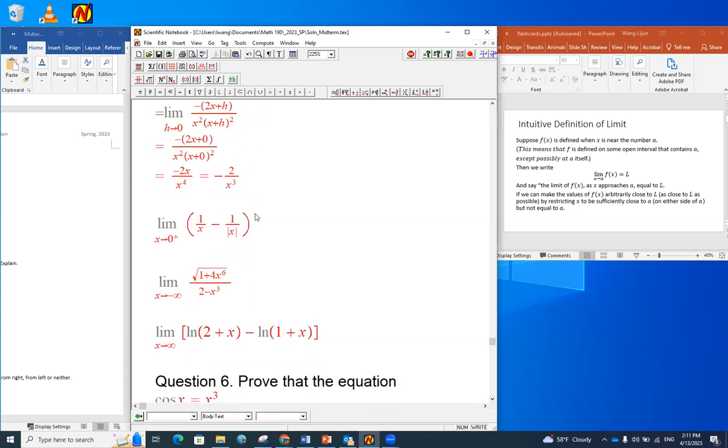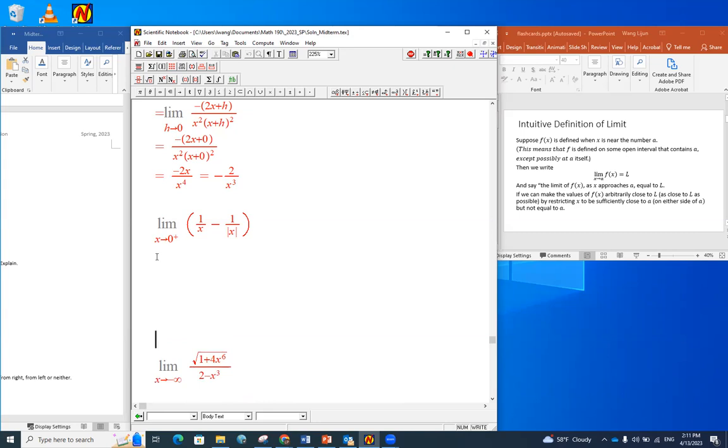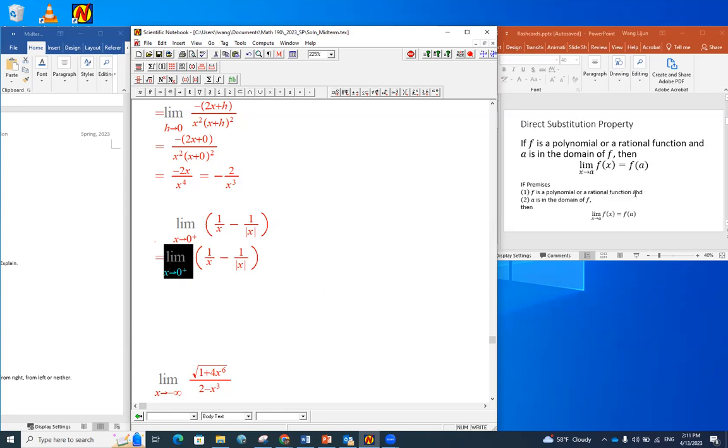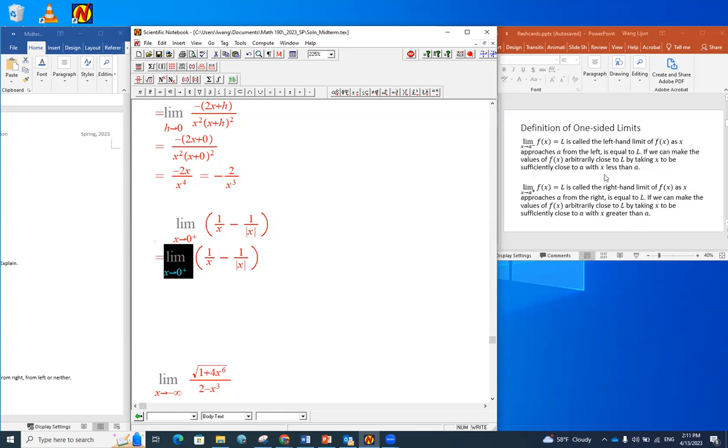And this piece is a one-sided limit. Okay, it's on a one-sided limit. When x is approaching 0 from larger than 0, this limit setting is telling us that x is positive.